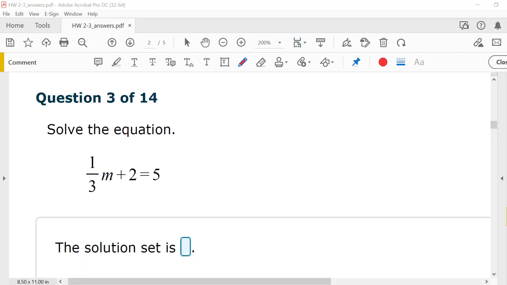Number 3, 1/3 m plus 2 is equal to 5. I told you in the previous sections not to worry about fractions because your calculator can handle them. So I'm going to show you the way we've been doing this, and then I'm going to show you the new way that this section is going to show you how to do it.